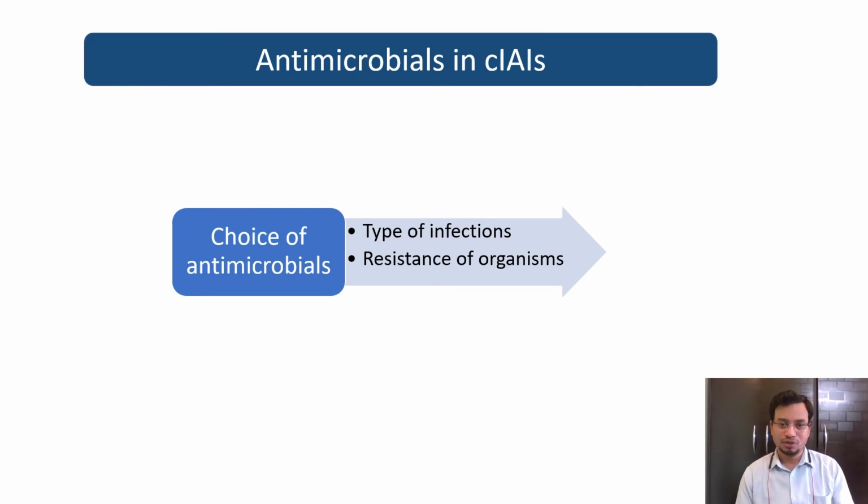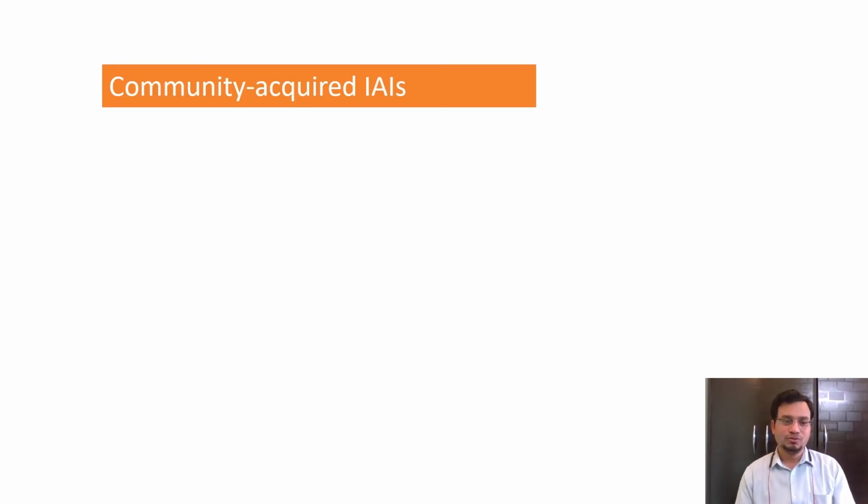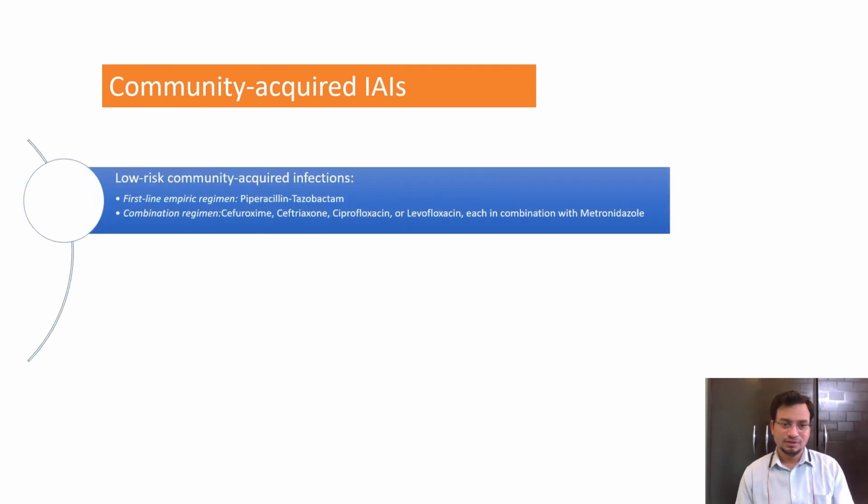So that's very important. Community acquired intra-abdominal infections: in these kinds of infections, there are two categories, low risk and high risk. In low risk community acquired infections, there are two options: empiric regimen, first line, and then combination regimen.